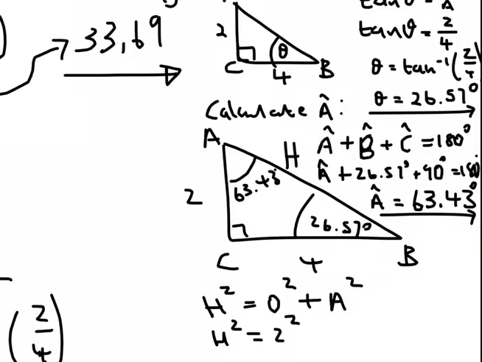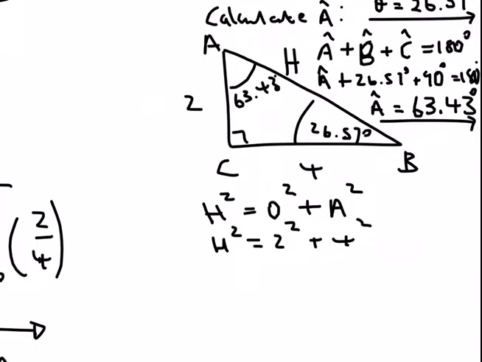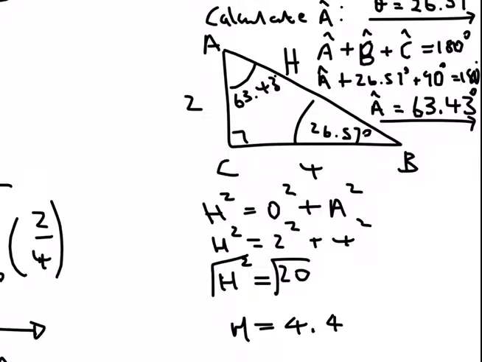When you use the theorem of Pythagoras, it doesn't matter which side is opposite, which side is adjacent, just like you've noticed in the past lessons. So definitely we have 2 squared plus 4 squared, which is equals to 20. Then you will need to square root both sides, so h is equals to square root of 20, and then it gives you 4,47. So that should be the end of it.